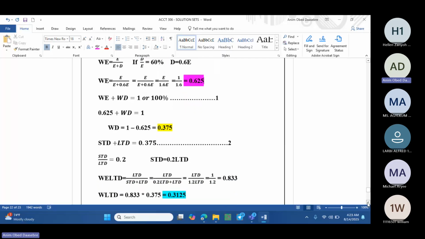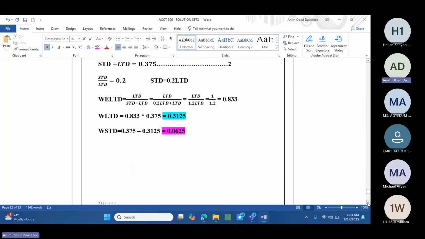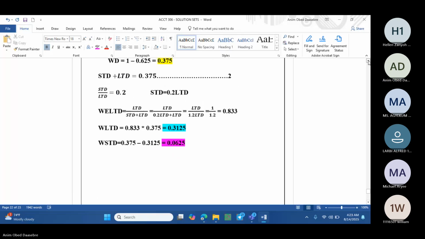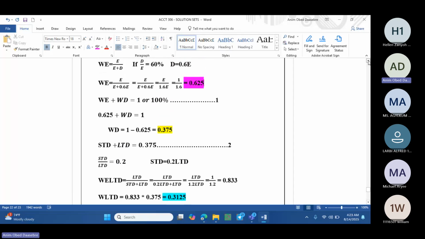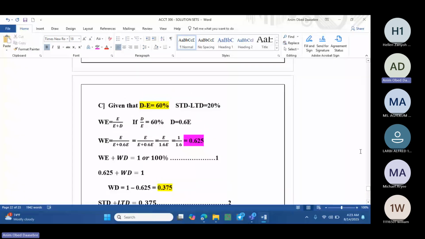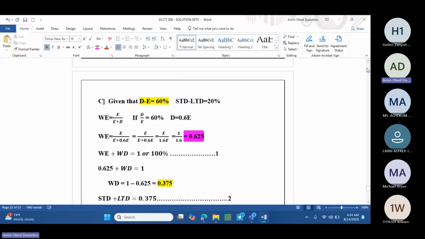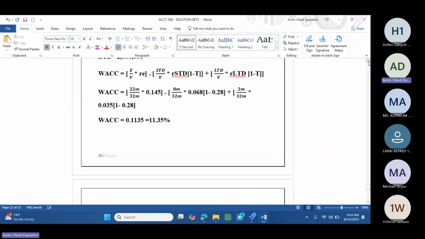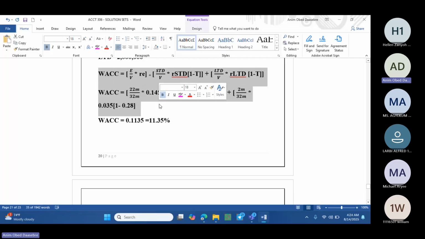So now we can confidently go use the formula. We have all the costs in the question. The only thing that we were not given is the weight of the equity, short term and long term. But since we have been able to determine them, we can now use the formula. So permit me to copy the formula.